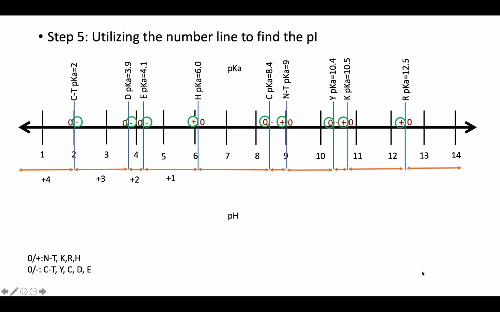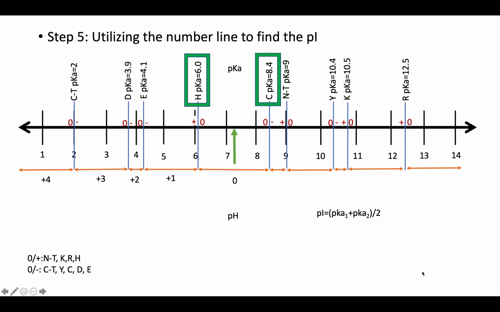The charge for that zone is plus 1. And then the charge between 6 and 8.4, which is the next zone, is 0. And again, we can stop at 0 because that is what we're looking for. We're looking for the 2 pKa's that are on either side of the 0 charge. So for this case, it's going to be H and C.